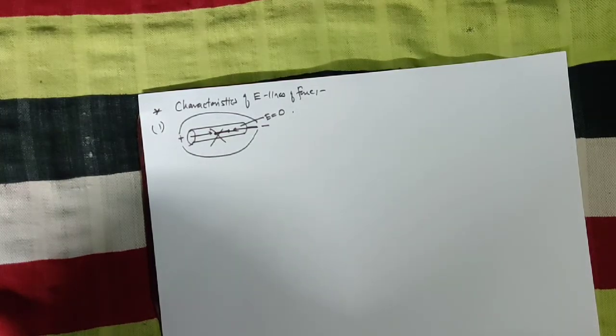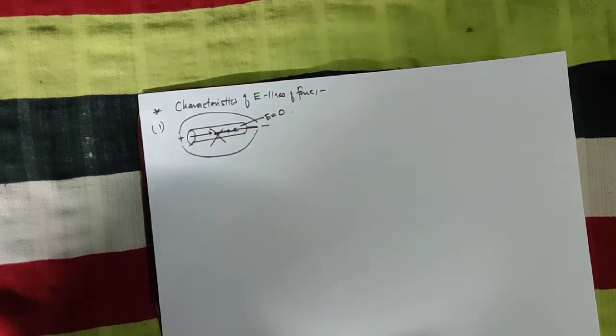The fifth characteristic concerns the electric field intensity. The term intensity means the strength of the electric field. Whenever we consider the term electric field intensity, it represents the strength of that electric field. Remember this. The electric field intensity is directly proportional to the number of lines of force per unit area.